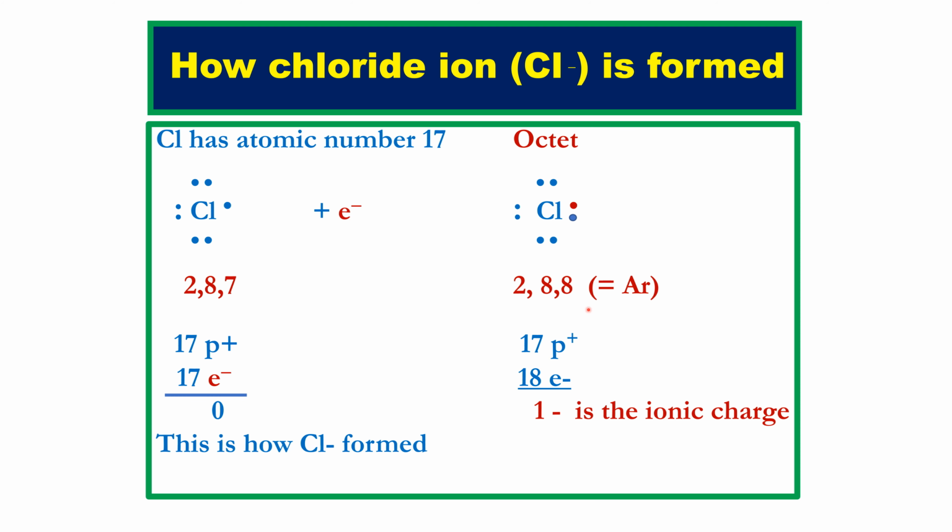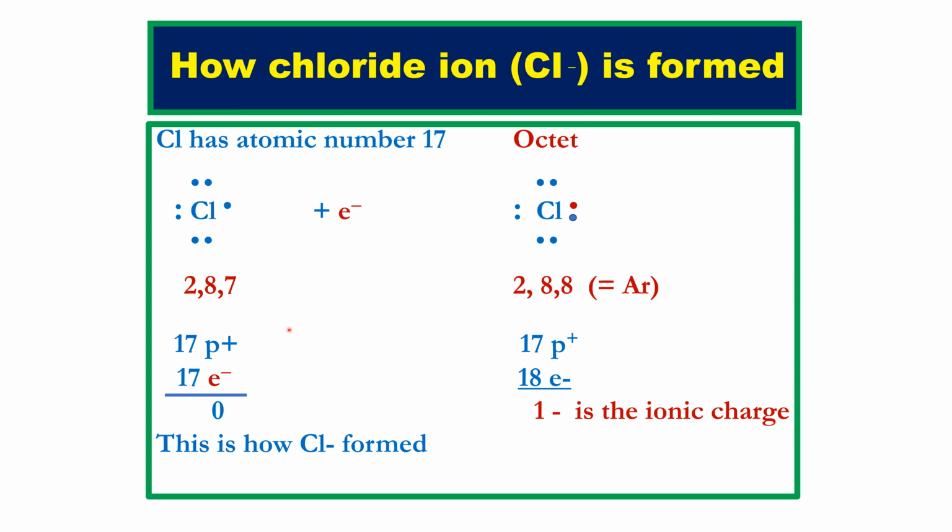So this electronic configuration corresponds to that of argon, which is also a noble gas. So in this way, chlorine has achieved the octet arrangement because it now has 8 electrons in its outermost shell, and we call this chloride ion. So chloride ion has achieved the octet arrangement.